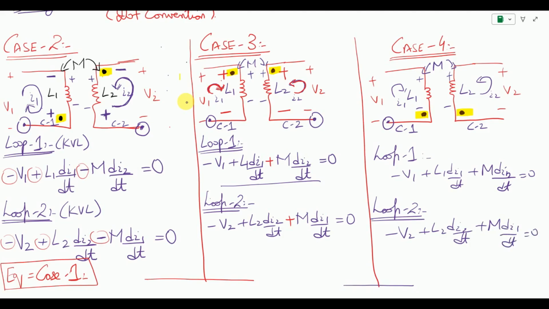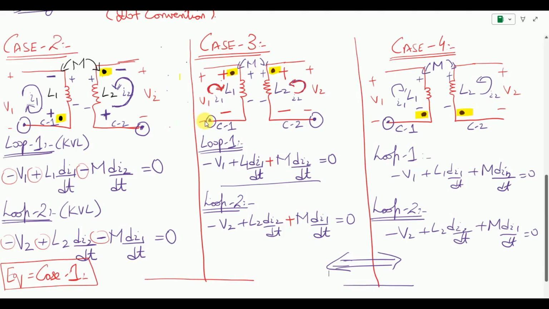You can verify by solving this again, but case number 3 and case number 4 will have the same set of equations, and case number 2 and case number 1 will have the same set of equations. So this is how we deal with mutual coupling between two inductors, in which the magnetic fields basically create the mutual inductance.